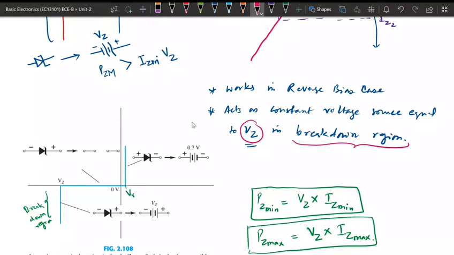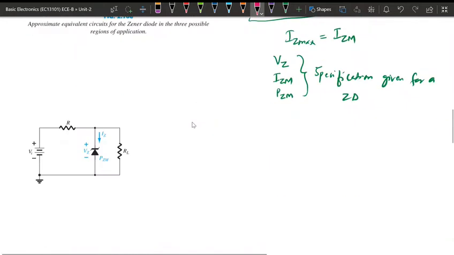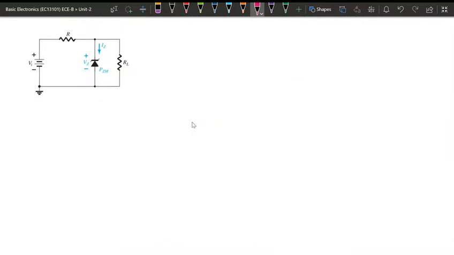If it is away from the breakdown region, it will be like an open circuit, or if it is forward bias, it will behave like a normal diode, whose analysis we have already seen. So our main motive is to make the Zener diode work in the breakdown region, and we will see how we can maintain this breakdown condition.